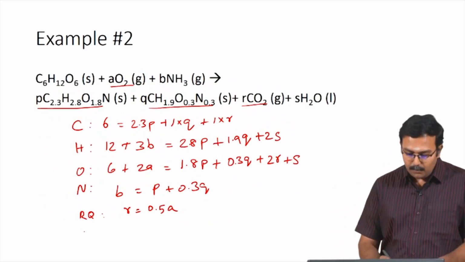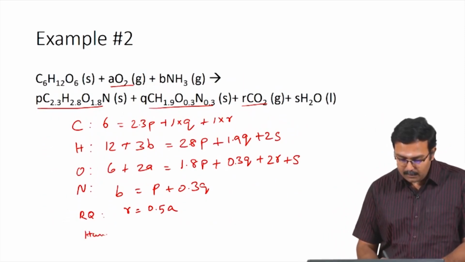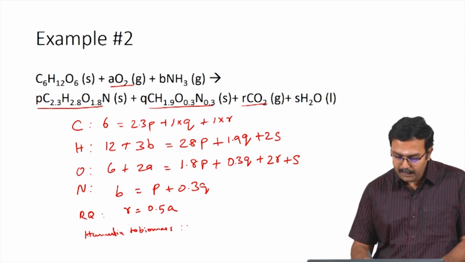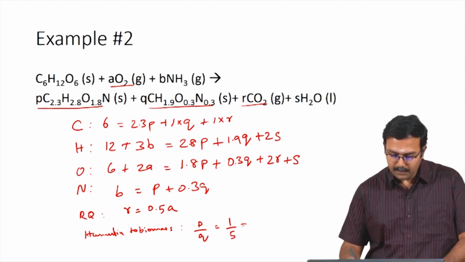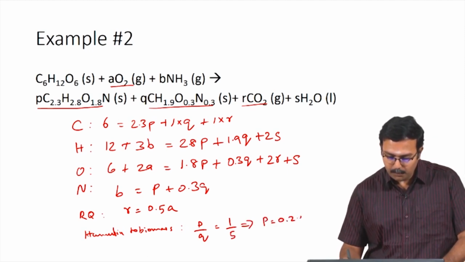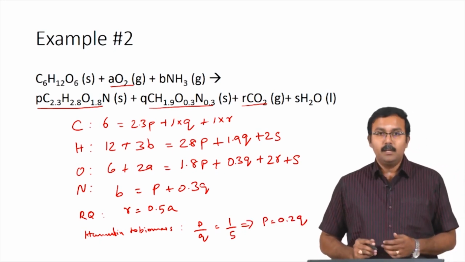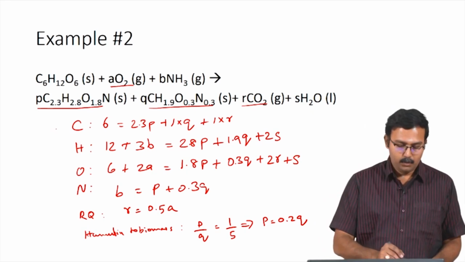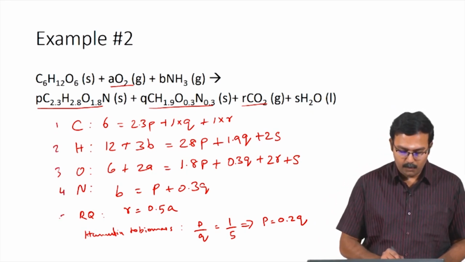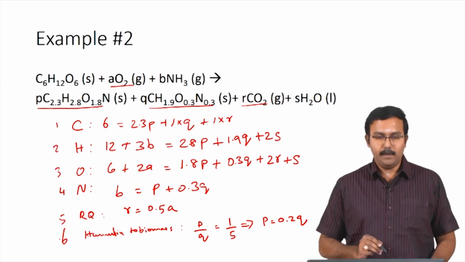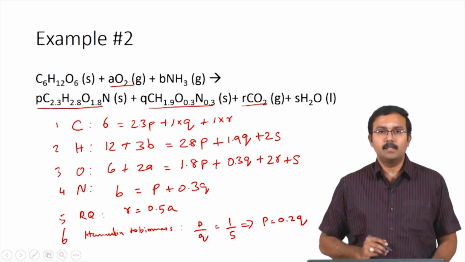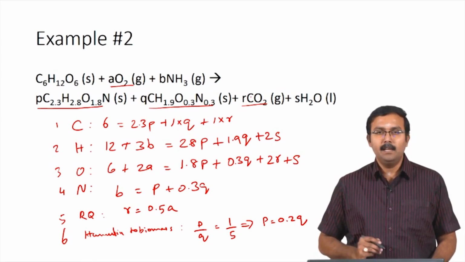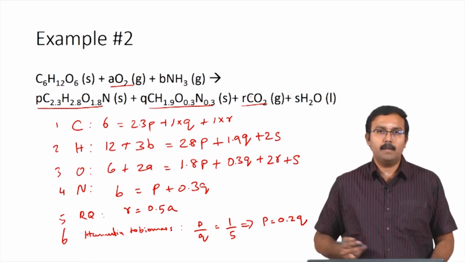This means the humulin to biomass ratio would be P divided by Q equals 1/5, which implies P equals 0.2 Q. We now have 1, 2, 3, 4, 5 and 6 equations and we have A, B, P, Q, R and S which are 6 unknowns. Solving these equations simultaneously, we will be able to get the values for these stoichiometric coefficients.